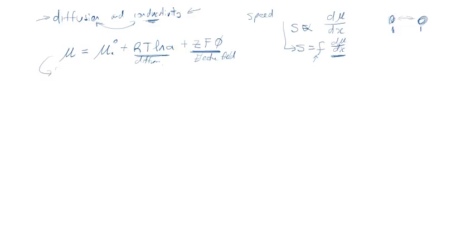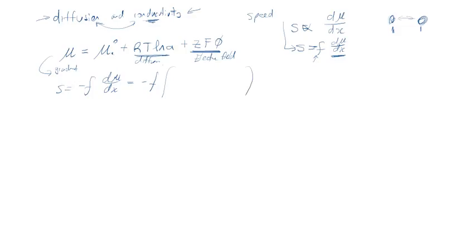Let's look at the gradient of this. So S is equal to negative F, d mu dx. So it's negative F, and then we're going to collapse that all in.